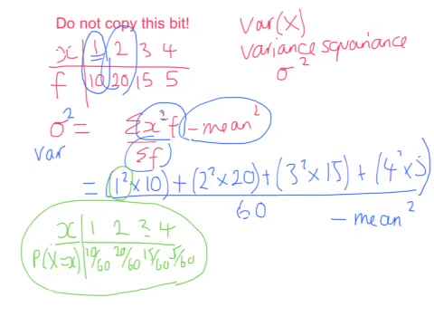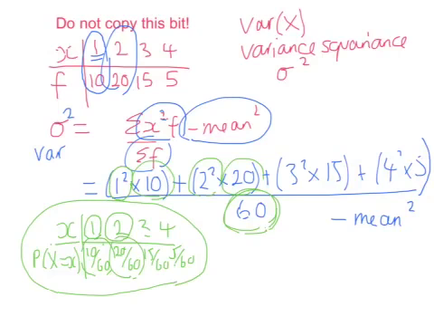The variance is now 1 squared times 10 divided by 60. So it's this squared times this. Let's have another little look at another one. So this one here, number 2, is 2 squared times 20 divided by 60. So it's this squared times this, okay, etc., etc.